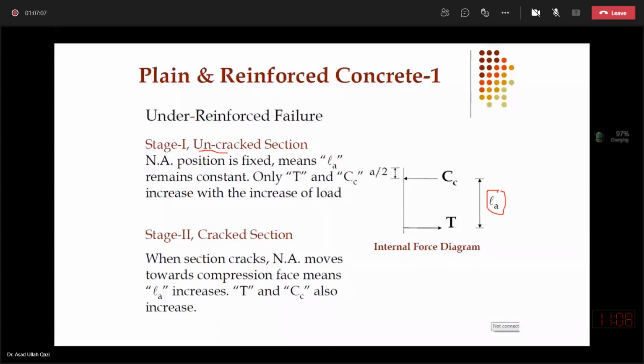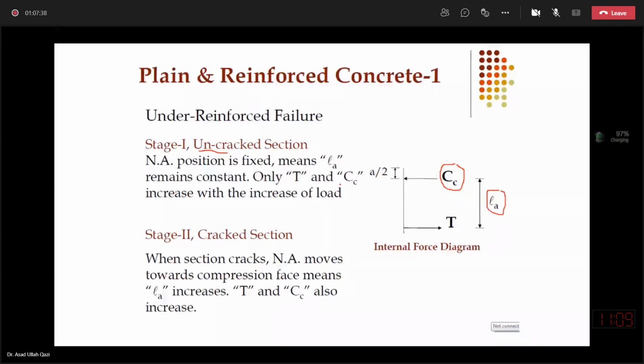So what it means is that your C and T, their magnitude will get bigger and bigger, but LA remains constant. Only T and C will increase with load. And section is uncracked, neutral axis is fixed.